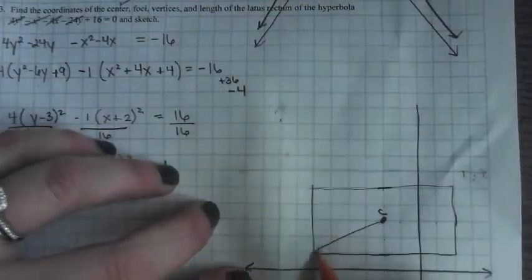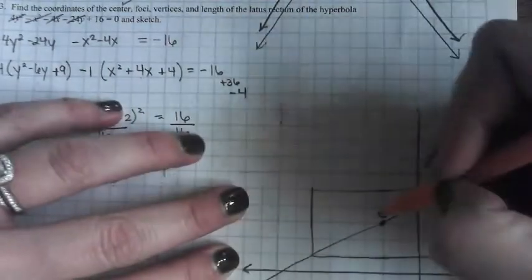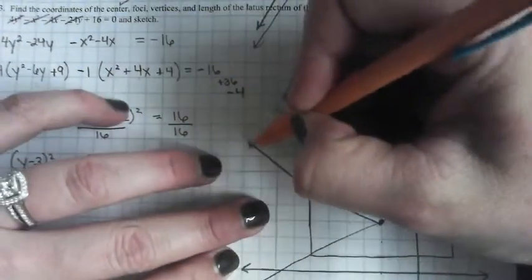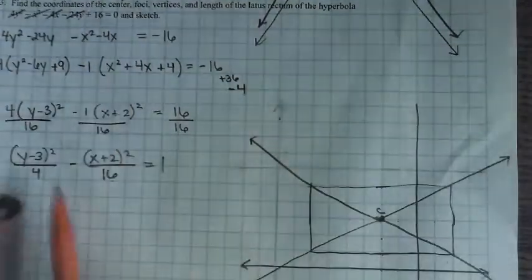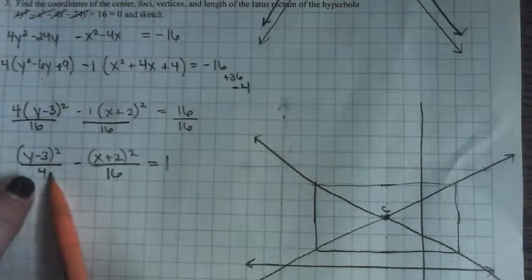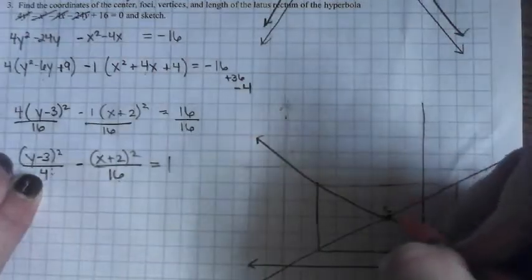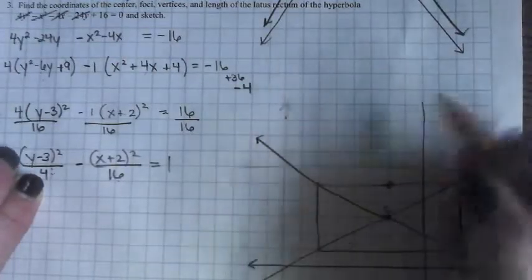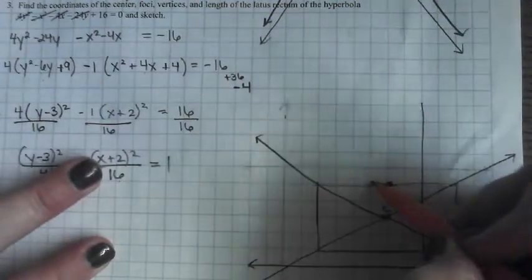Drawing those diagonals as a guide. And then again, this hyperbola, because the first term is y, is opening in the y direction. So your first vertex is there on the rectangle edge, because I'm about to go up and down, but again, pretty wide.